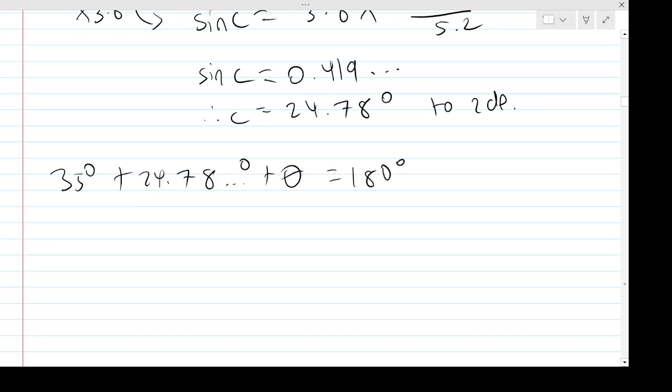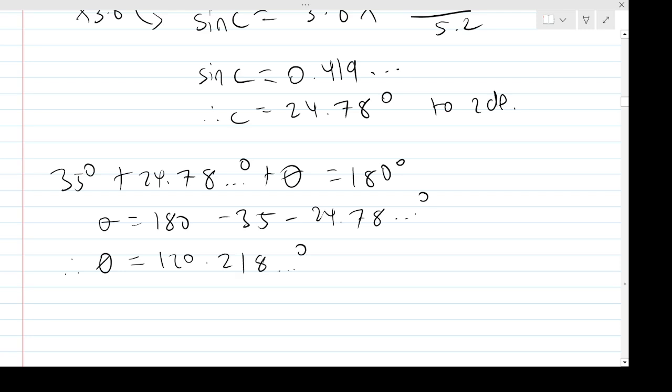Therefore theta is 180, take away those two. And so simply then, theta is going to be 120.218 degrees, and I'd say that's 120.2 degrees to 1 decimal place.